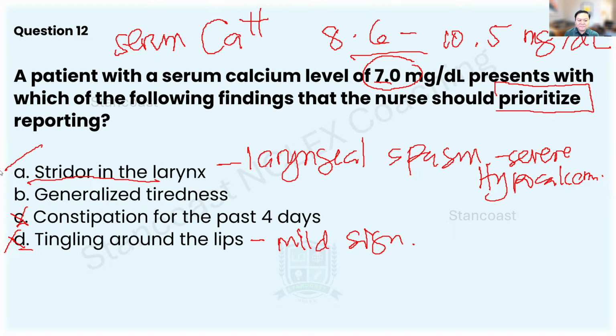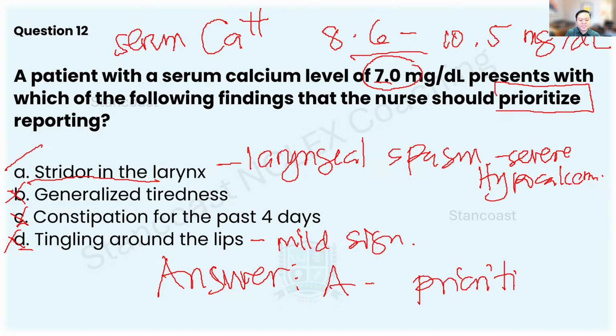We know that fatigue is also a sign of hypocalcemia, but it's not as urgent compared to the stridor of the larynx. Okay, so again, guys, prioritize the airway. We have our answer, which is letter A. Prioritize the airway.